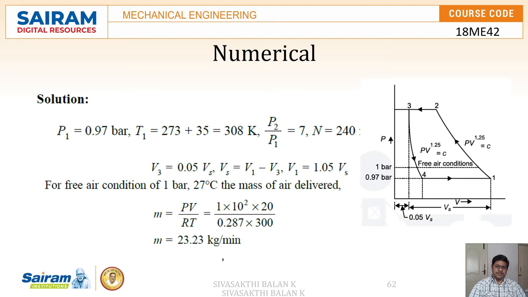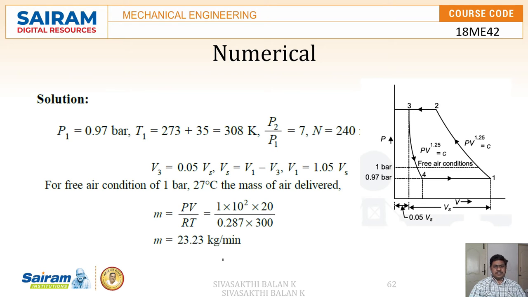The speed of the compressor is 240 rpm, and they have also given that clearance volume is 0.05 times swept volume or 5% of swept volume. We know that swept volume is the difference between the total volume and the clearance volume, and substituting the clearance volume here, we get total volume as 1.05 swept volume.